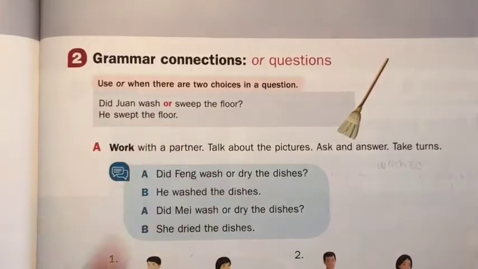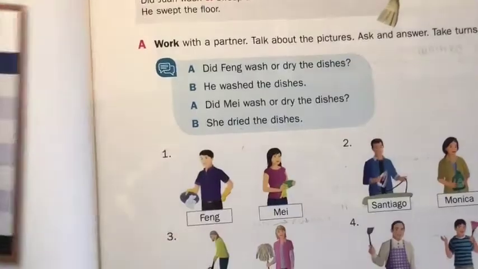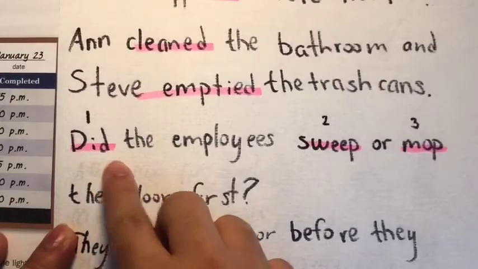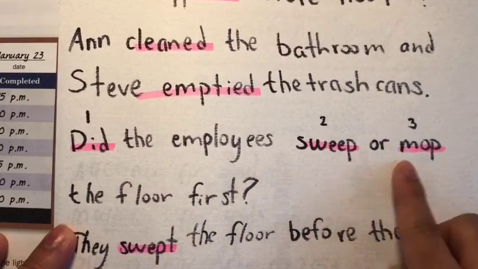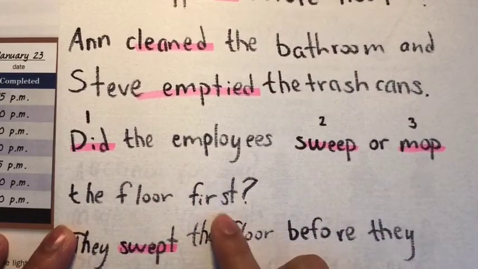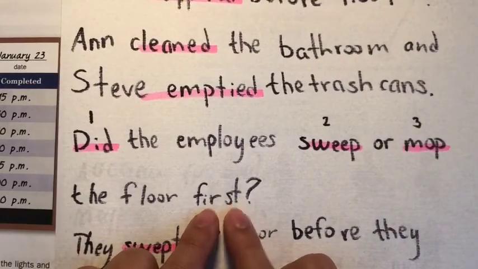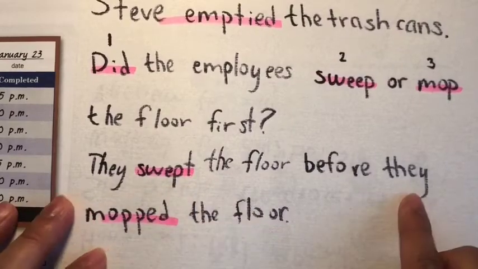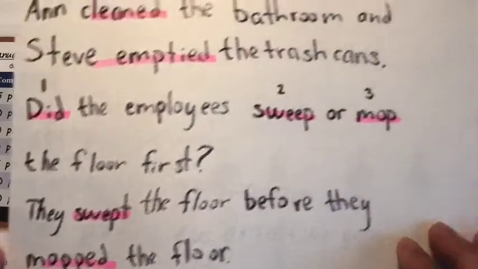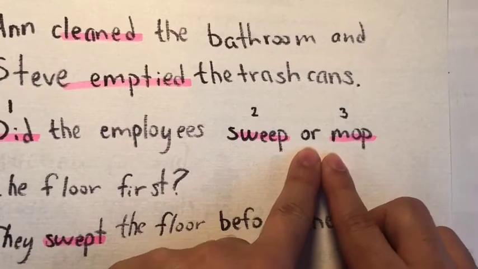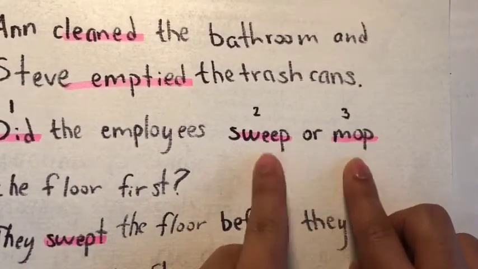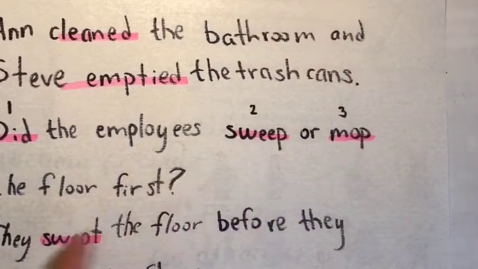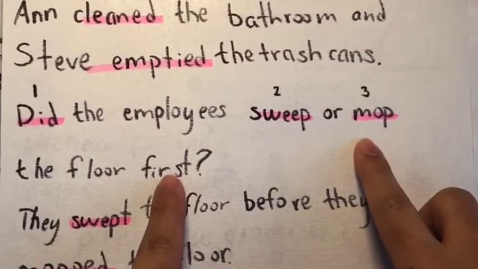He swept the floor. So, in my question, did the employees sweep or mop the floor first? Which one went before? They swept before they mopped the floor. In this question, I'm asking sweep or mop. This one or this one. You can only choose one. Which one happened first?